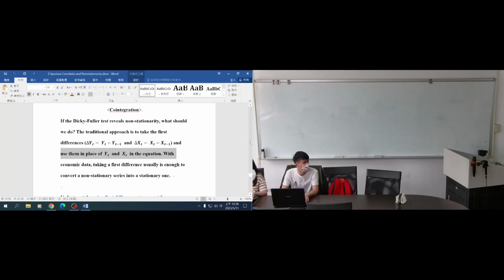Using yt minus yt minus 1. The notation delta yt means yt minus the previous value, the lag 1. So this is the first difference.